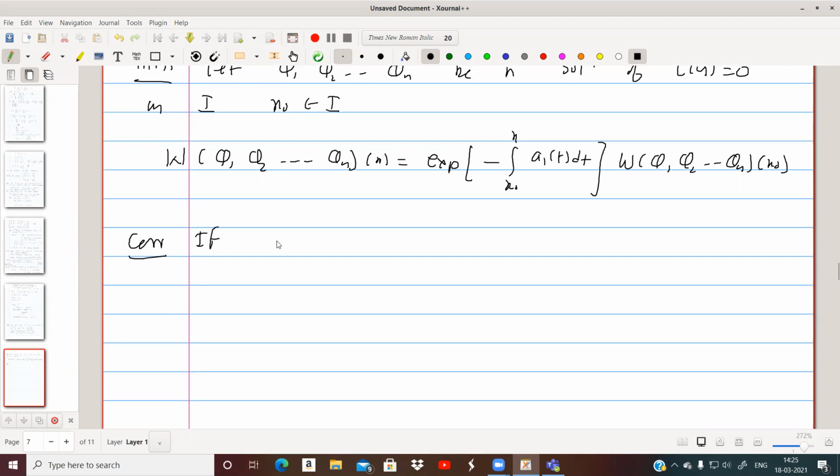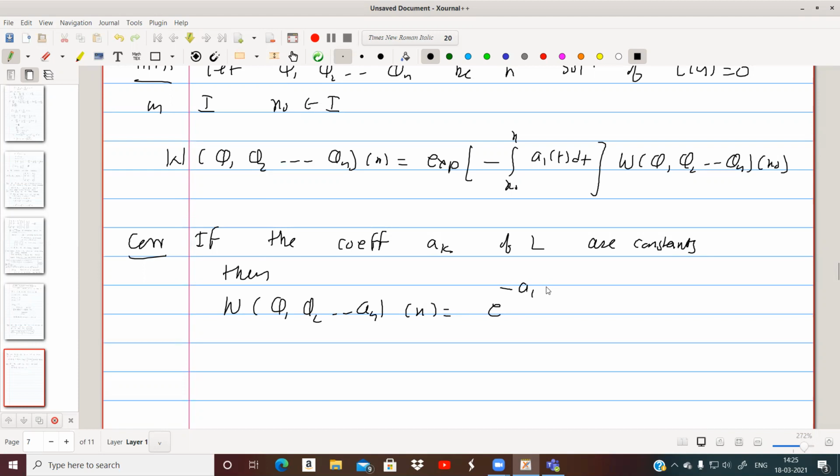If the coefficients of L are constants, then the Wronskian of phi1, phi2, phi n at x is, similar to the earlier corollary, exponential of minus a1, where a1 is the coefficient of the n minus 1 derivative, times x minus x naught, into the Wronskian of phi1, phi2, phi n at x naught. We discussed these constant coefficients in the earlier unit, and the statement is mentioned there.